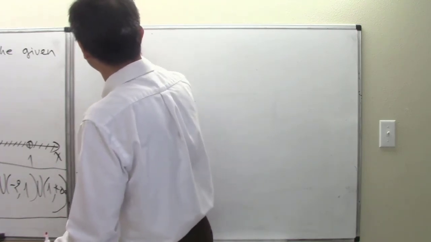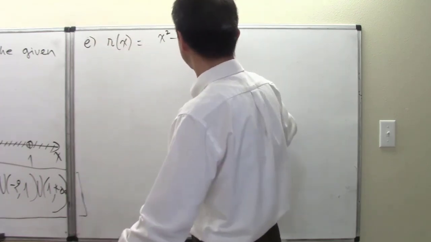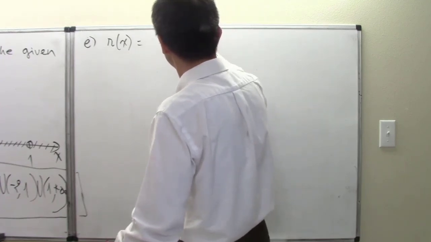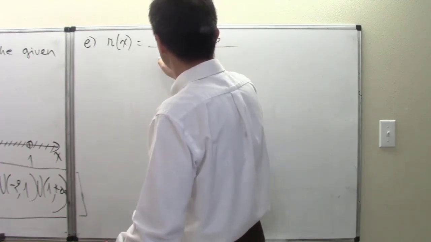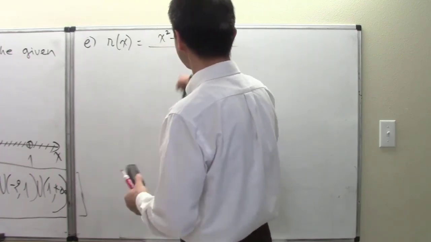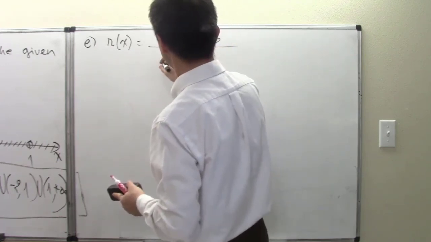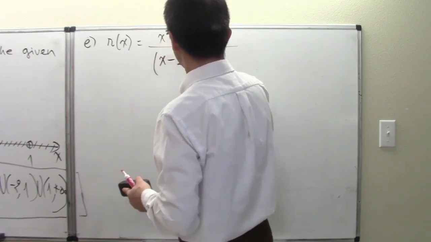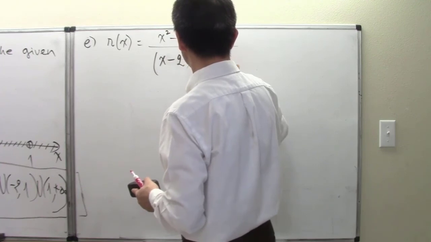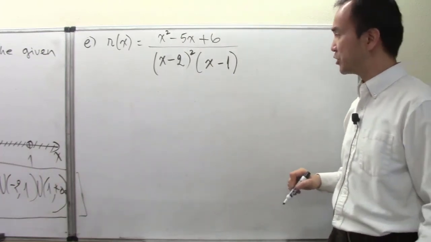Let's look at R of x to be x squared minus 5x plus 6, and I'm dividing that by x minus 2 squared times x minus 1.